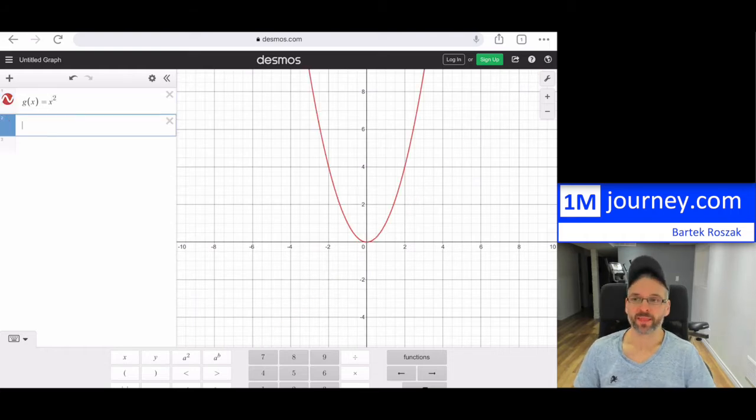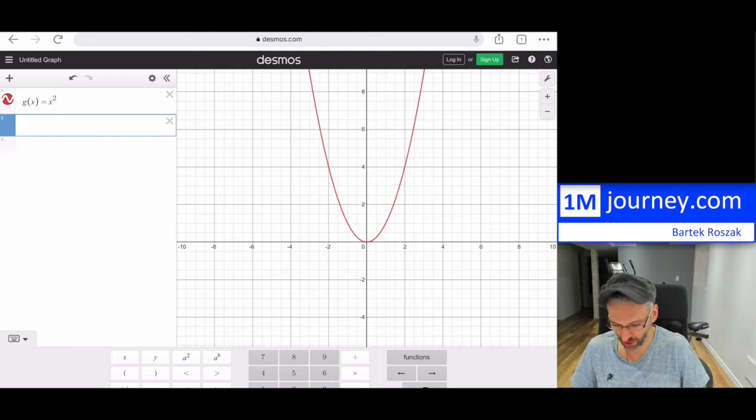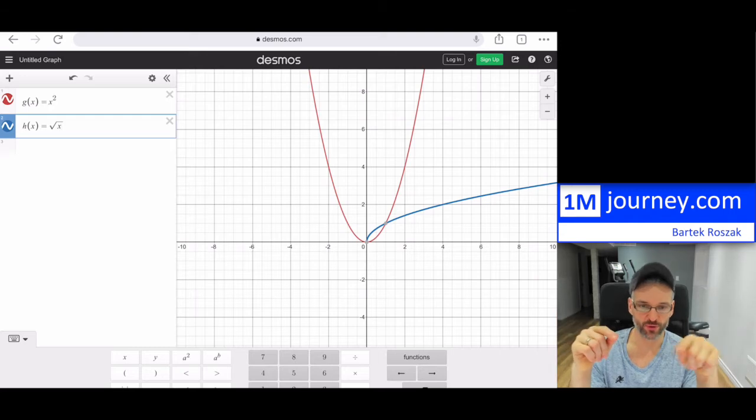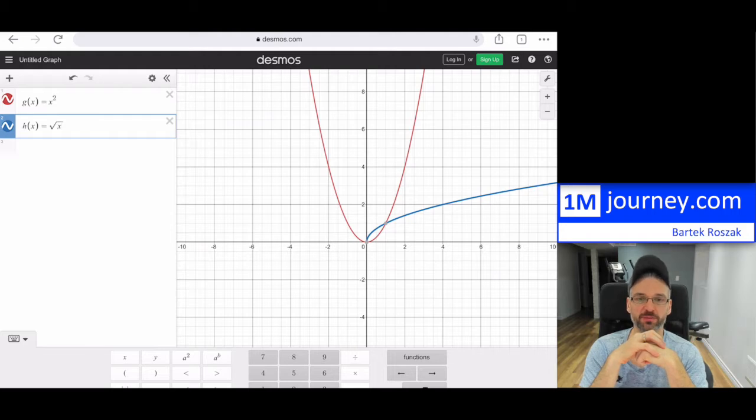And now my inverse, I'm going to call it h of x, is equal to the square root of x, right? And the way that it is written, this is just for the positive inputs that I have done, because the negative inputs are going to give me a problem here.